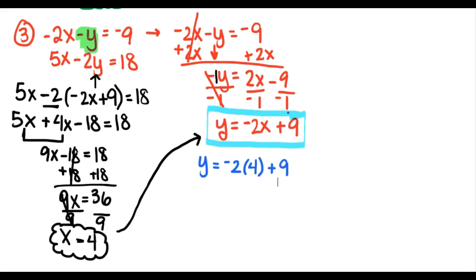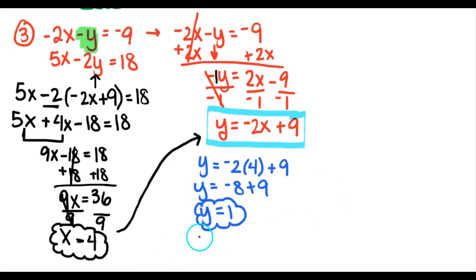So when they're squished together, kind of like how peeps are all squished into a box, that means they're multiplied together. So y equals -8 plus 9, and y equals 1.